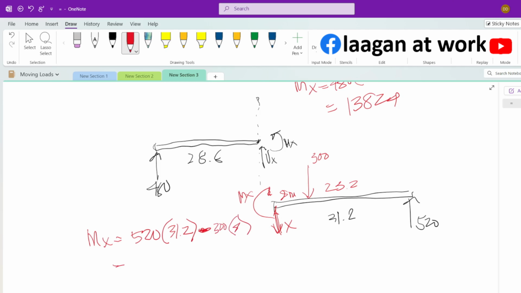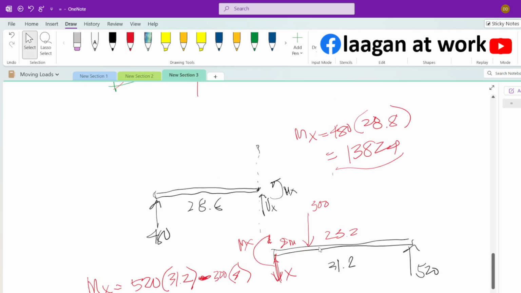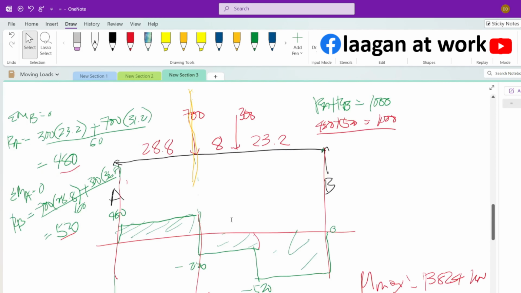So 520 times 31.2 minus 300 times 8 gives 13,824 kilonewton meter, which is the same as if you use the free body diagram on the left of the 700 or the right, so that should be the same.